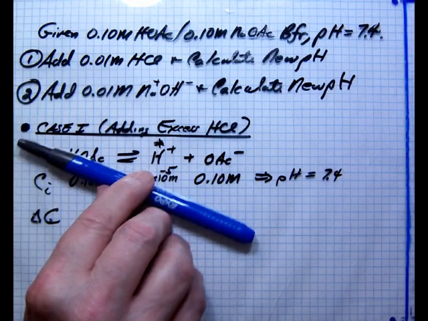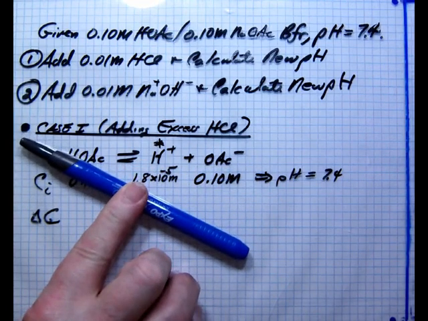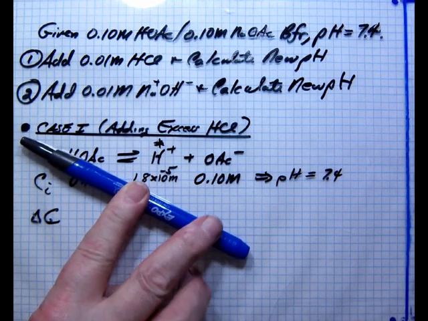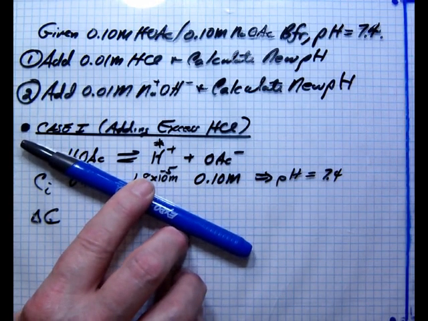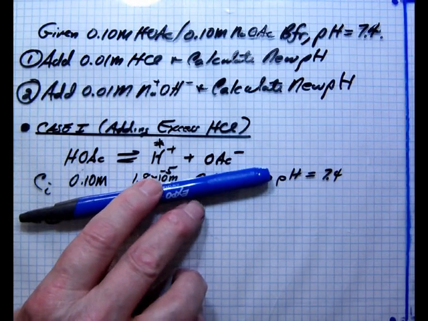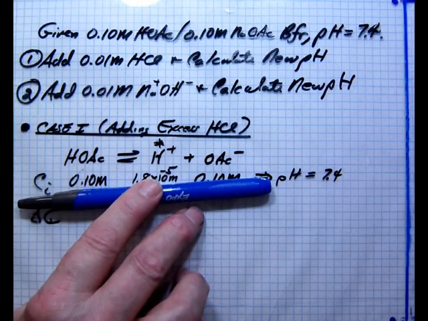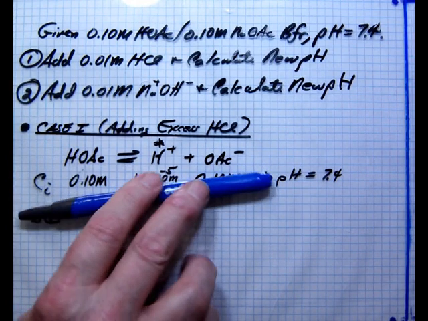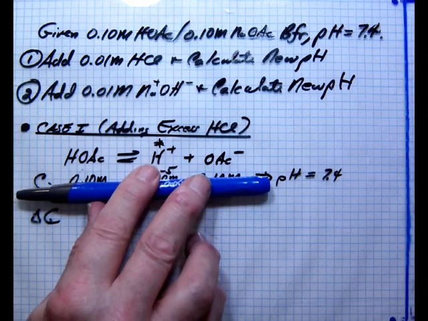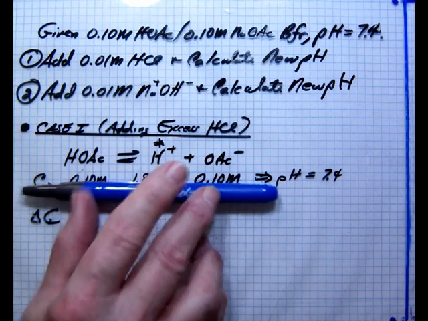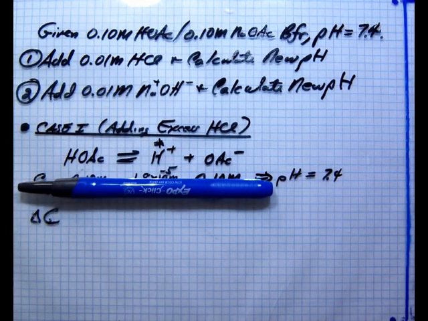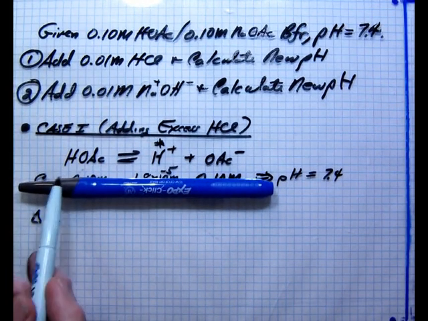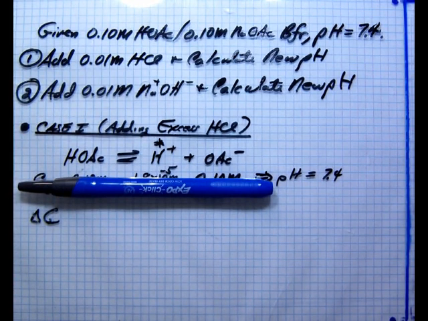This thing's going to tilt like this, so we're going to have a disturbance on the right side. And so in order to recover a horizontal condition, we have to shift the reaction to the left. That is, the acetate ion is going to have to combine with the hydronium ion and make more acetic acid until we get enough weight on the left side here to bring the balance back horizontal.